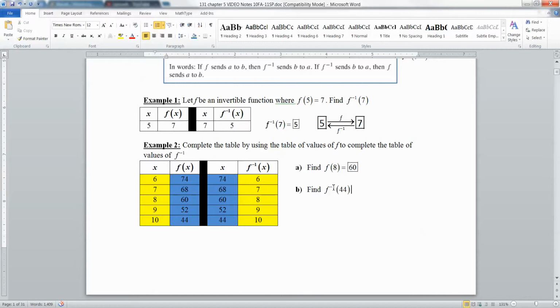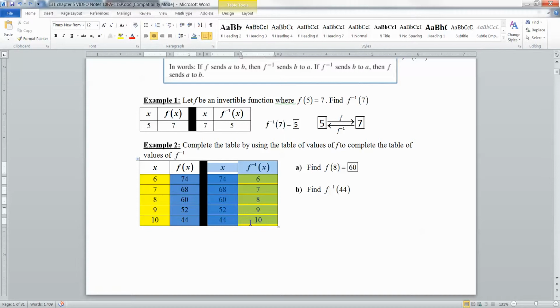Now, what about f inverse of 44? Okay, well, see, it's got the -1 on it. See that little -1? That's a symbol that you're talking about the inverse function, which means I'm going to be over here on this left-hand side right here. So it's saying f inverse of 44. On second thought, maybe it'd be easier if I color-coded these ones. So let's see it that way.